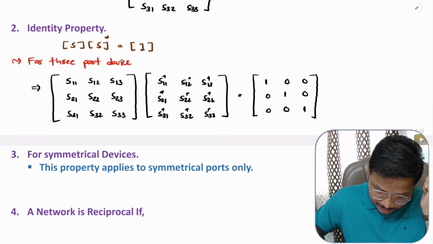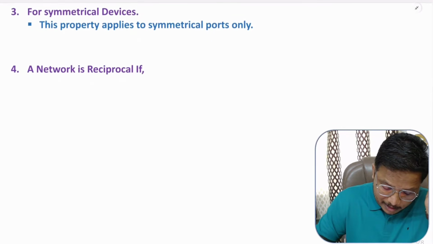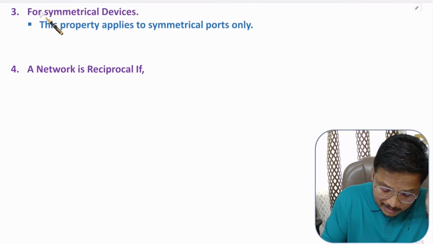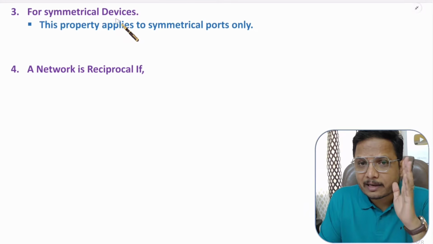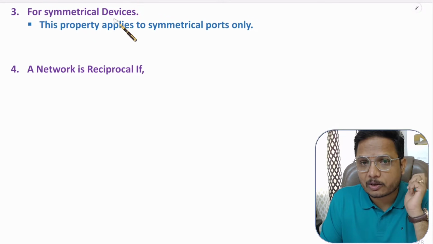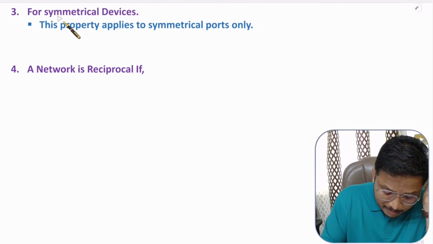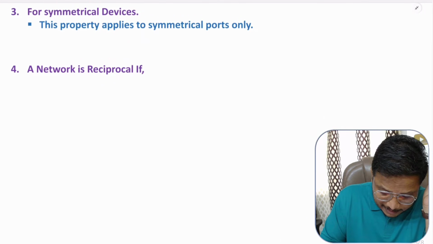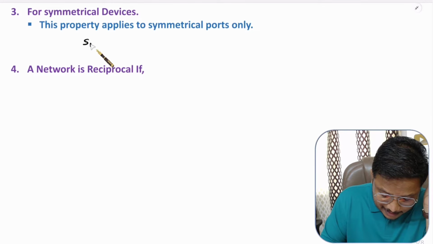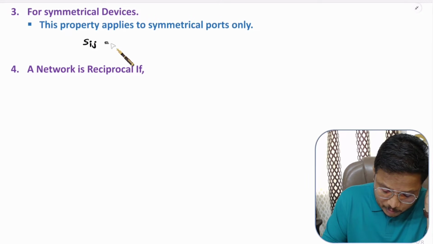Now I'll explain the third property, which is based on symmetrical devices. Here you need to understand first whether the given device is symmetric or not. If you have a symmetrical device, in that case the property of symmetricity states that Sij equals Sji.